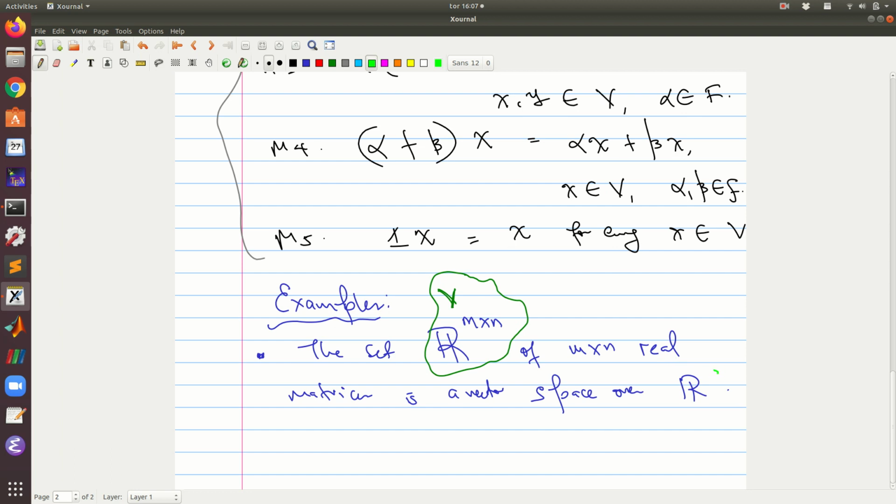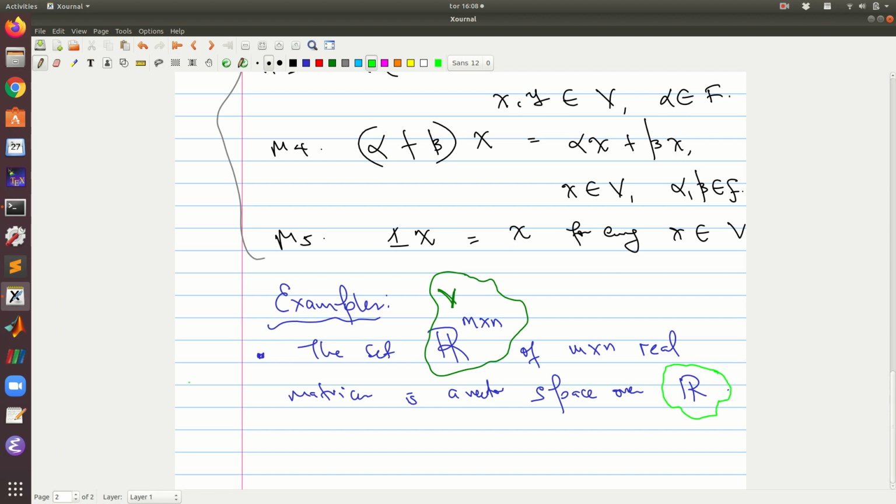I keep on saying field and space, but let us stick to space. Field means something very different. That is, the set of matrices m by n is a vector space over the set of real numbers.